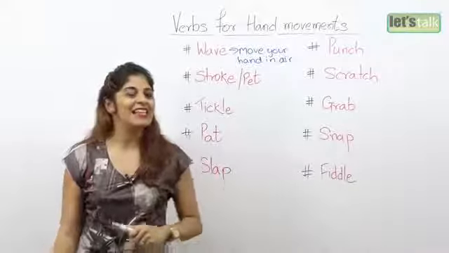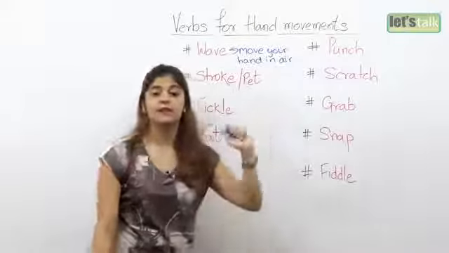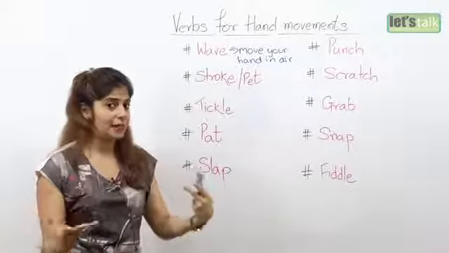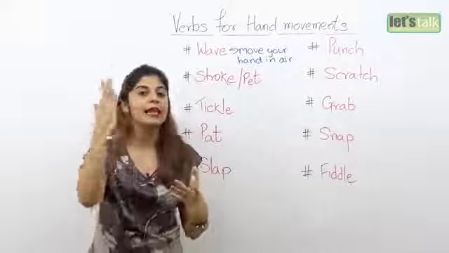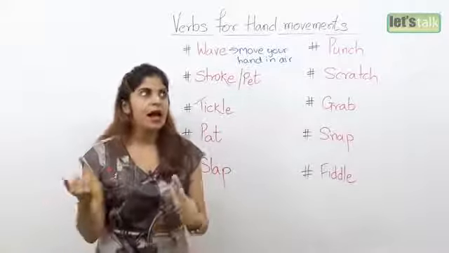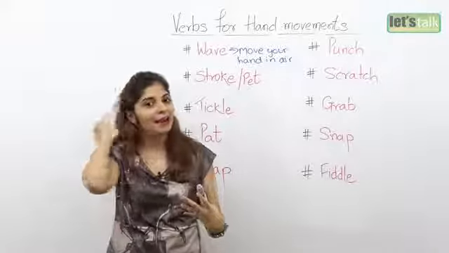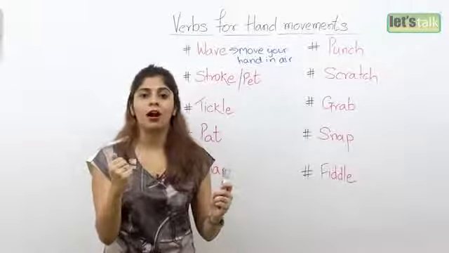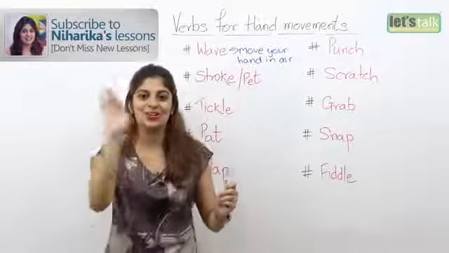Let's have a look at another verb, which is stroke, or even the verb pet. It has the same meaning. So what exactly does it mean? Well, with an open hand, when you make long hand movements, either on someone's skin or on someone's hair, when you're trying to show love to someone, or maybe you are petting an animal's fur, you tend to do this.